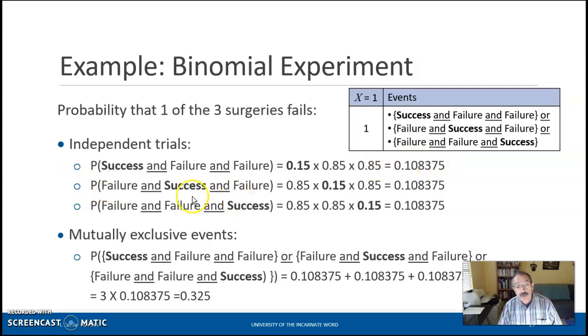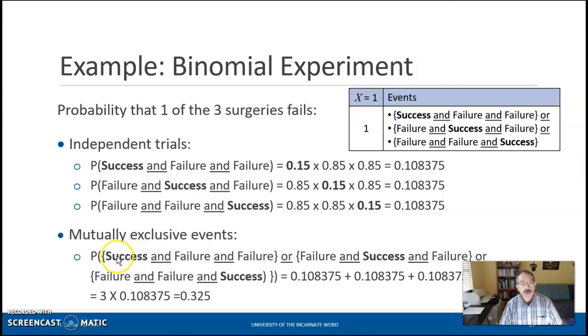And because the sequences have one success and two failures, you see that the product of those probabilities is the same for all three cases. Then we want to see the probability that the random variable will be one success. So now we need to calculate the union of the probabilities of the three possible ways in which we can obtain one success.